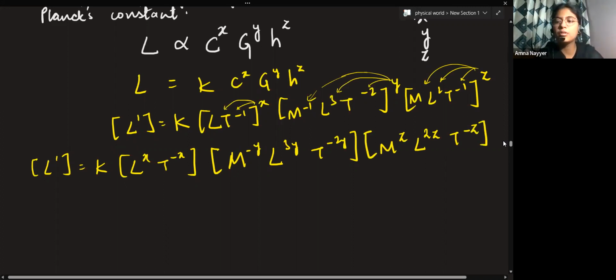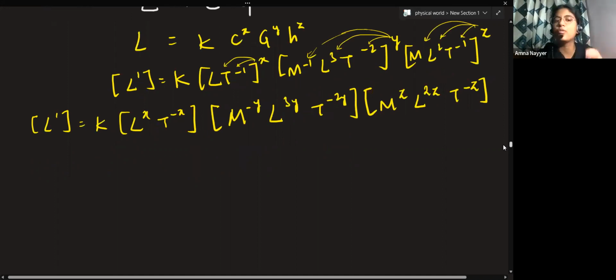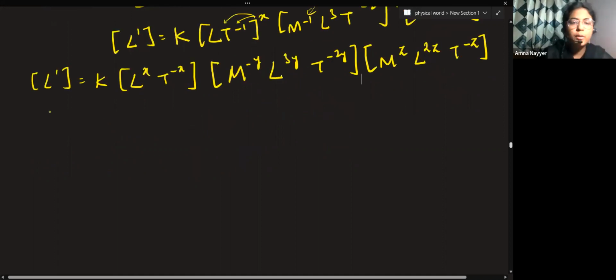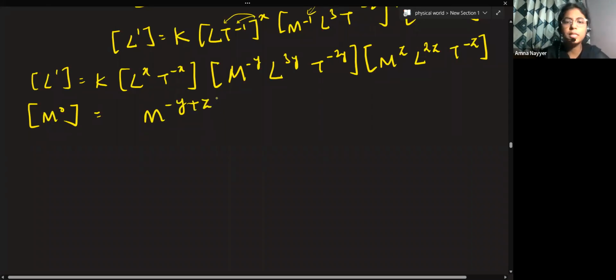We know all the dimensions for the left hand side, we know the dimensions for the right hand side. First, equating mass. Here mass is 0. What all the masses are present? M to the power minus y plus this z. No other mass is possible. Now, L to the power 1 is equal to what? L to the power x plus 3y.